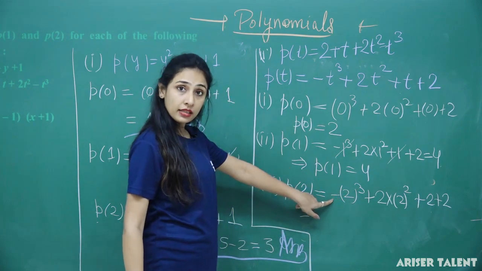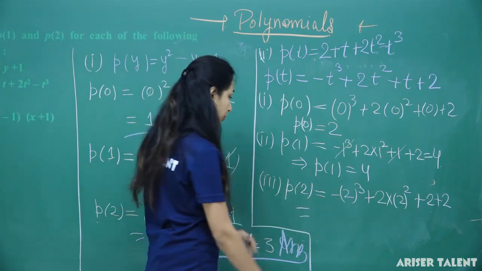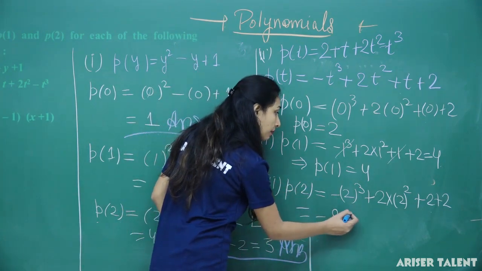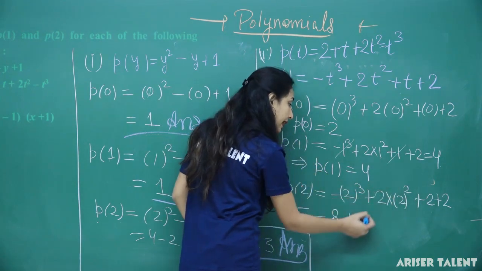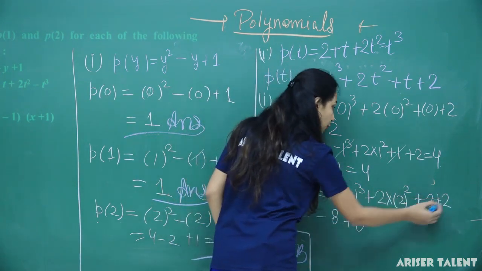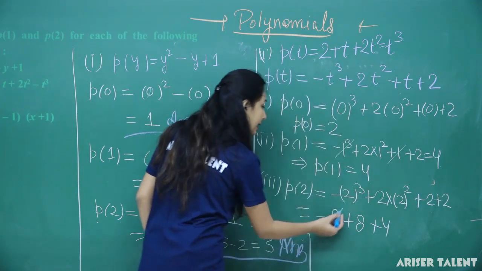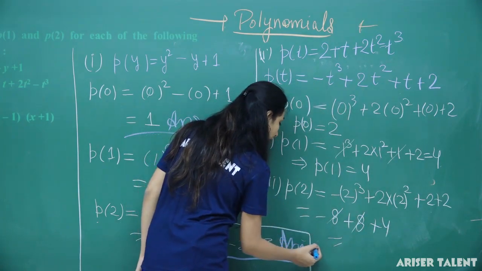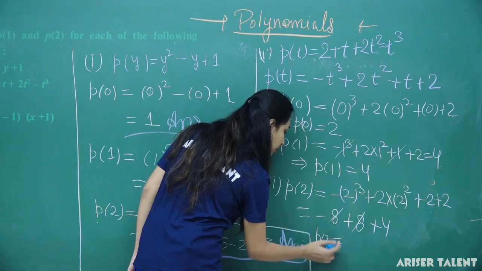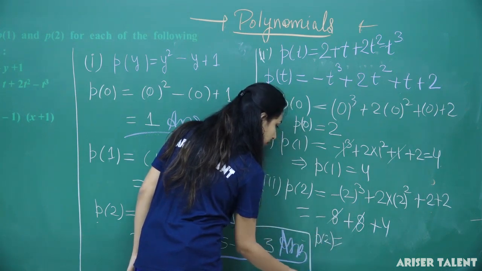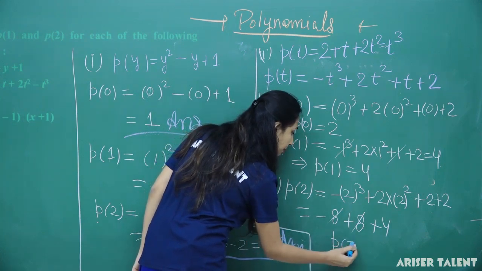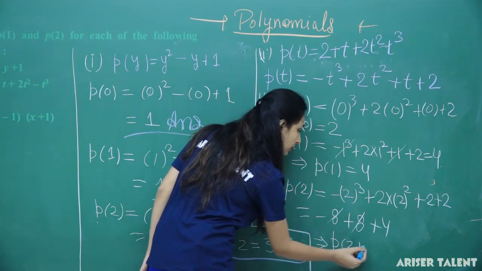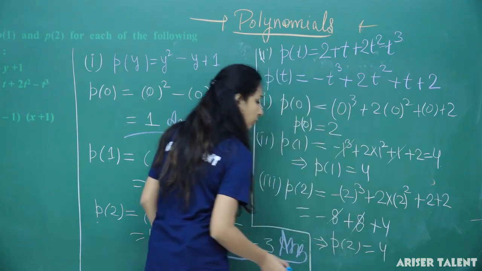Now it's having a minus, so that will be minus 8 for sure. Minus 8 plus 2 to the 4, 2 to the 4, 2 to the 8, and this is 4. Again there will be cut and there will be your answer, P of 2 equals 4.